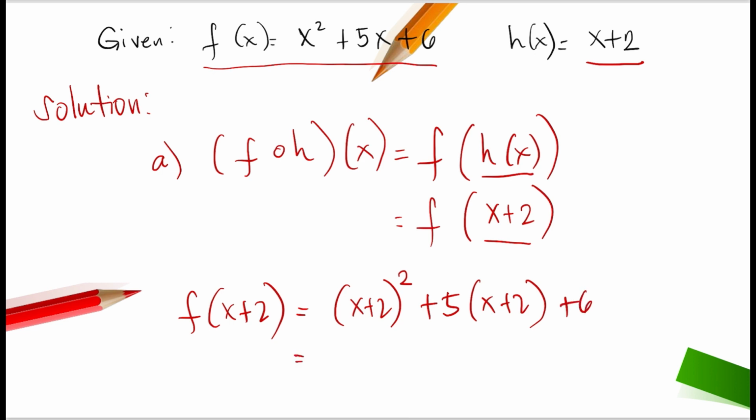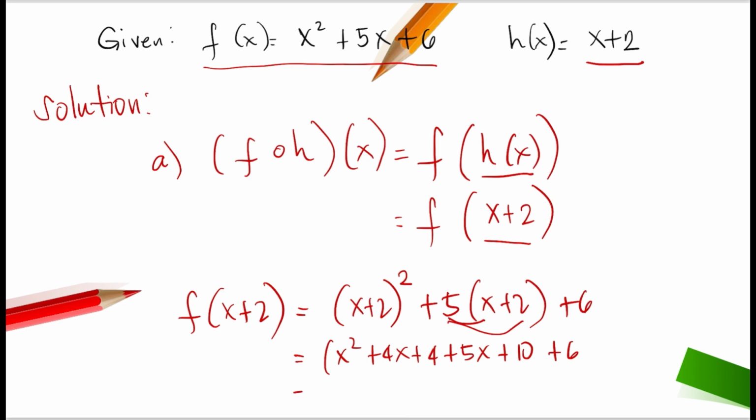Okay, let's simplify. Let's square x + 2. The square is x squared + 4x + 4. And then distribute this, that is plus 5x. Then 5 times 2 is 10, bring down 6.